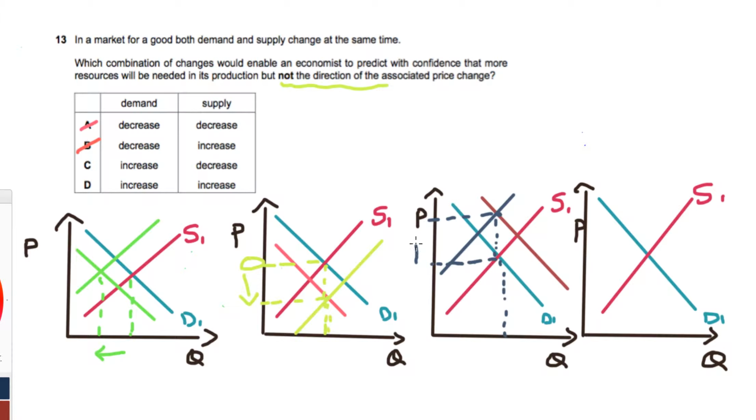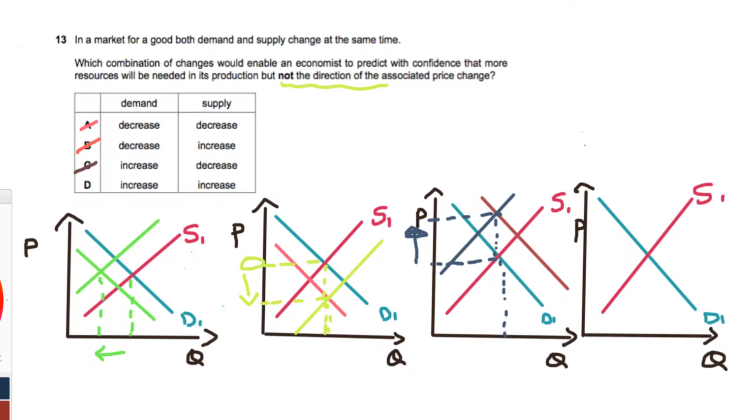This is not what the question says, because the economist does not know the direction of the associated price change. But in this option we can say certainly that the price has increased, while we do not know anything about the quantity, so we can also rule out option C. By the process of elimination, we have reached the conclusion that the correct option is option number D.